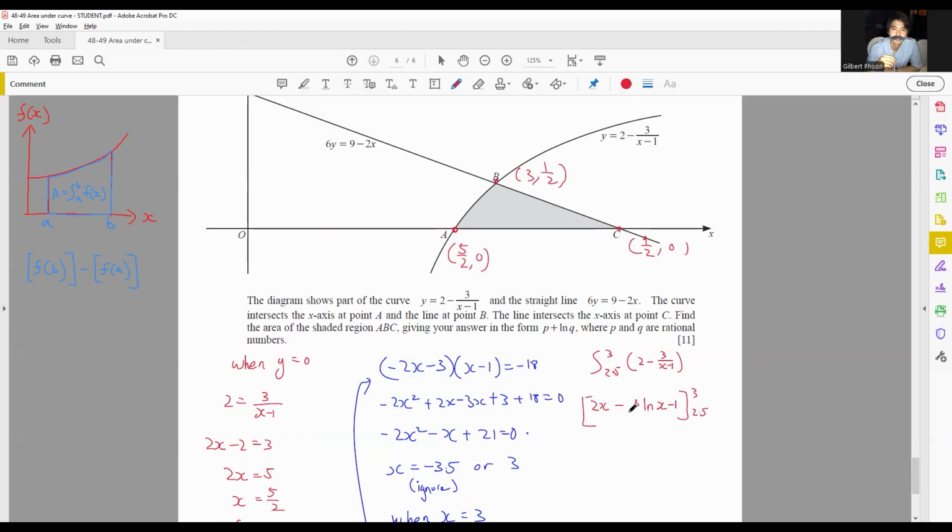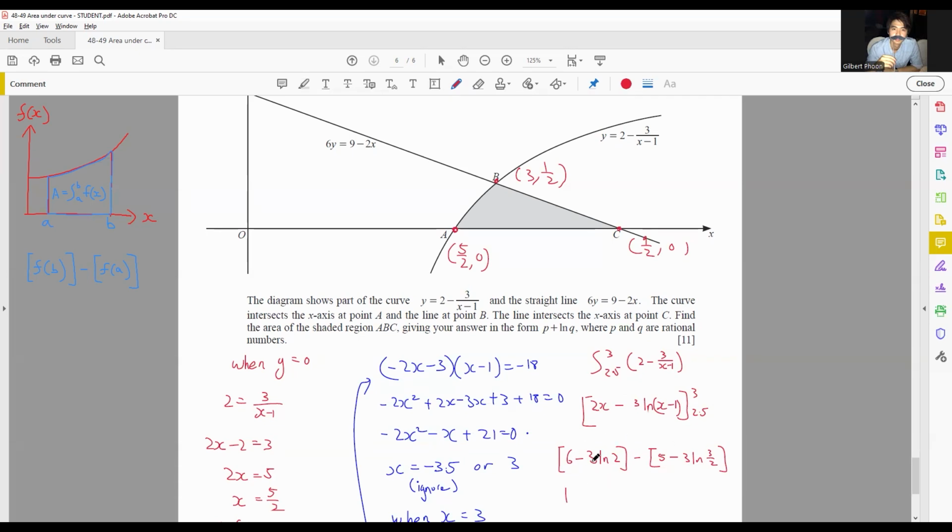So from here, just substitute in: 2 times 3, that's 6, minus 3 ln of (3 minus 1), that's ln 2, minus 2 times 2.5, that's 5, minus 3 ln of (2.5 minus 1), that's 1.5, or in other words, 3 over 2. Simplifying this, 6 minus 5, that's 1.